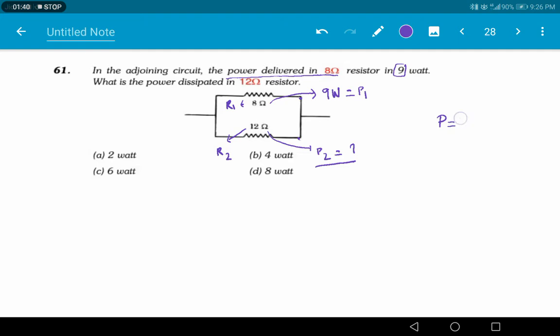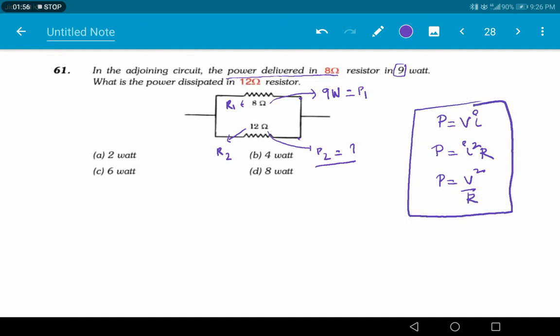Power P is equal to voltage into current, P is equal to I square R, and P is equal to V square by R. Sir, in these expressions, which expression is suitable to simplify this problem?